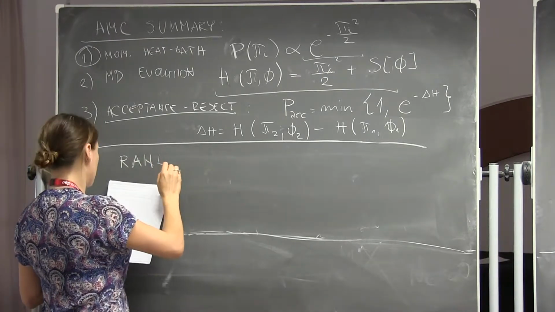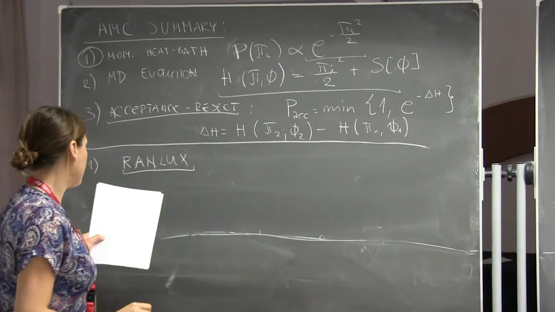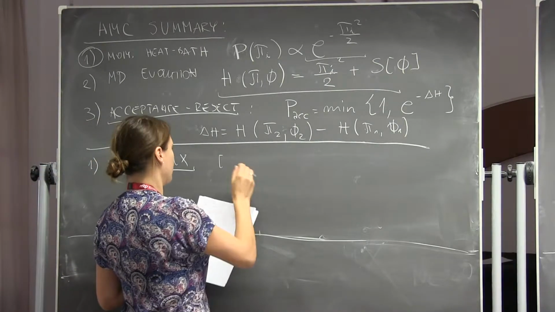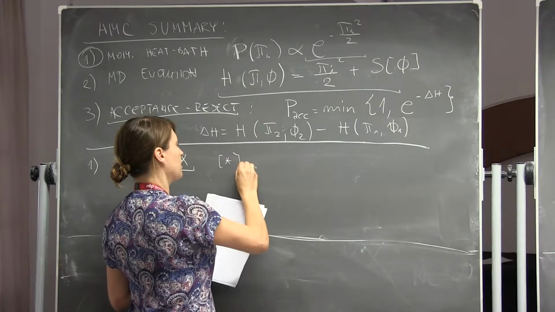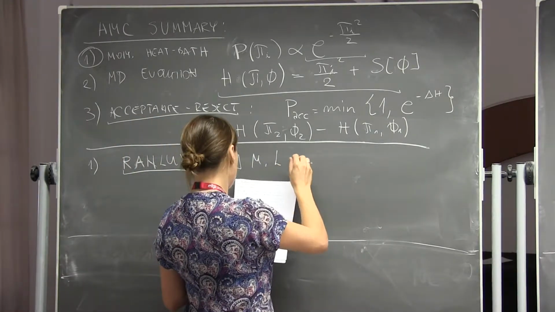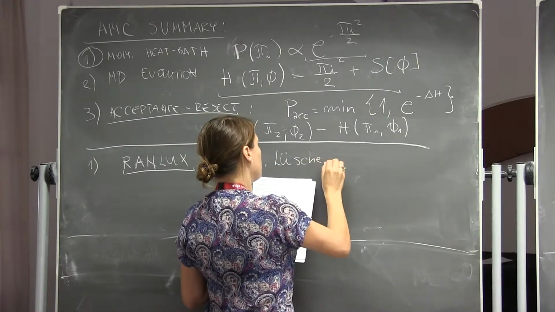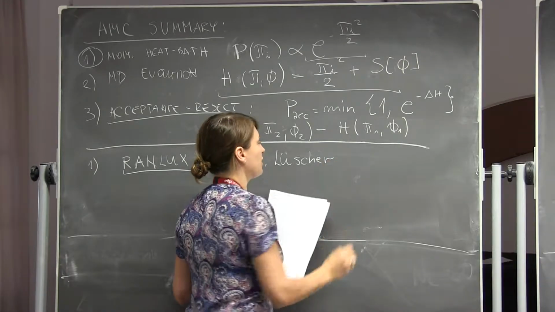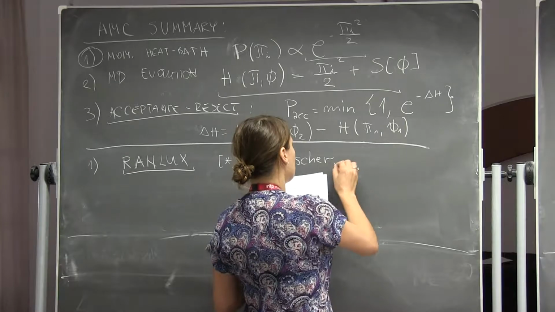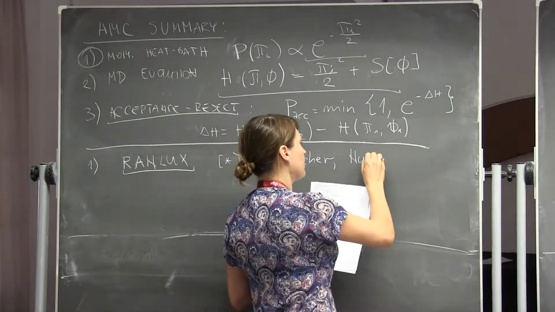The name of this generator is RANLUX, and this is yet another contribution of your next week's lecturer, Martin Lüscher, to computational physics. You can look up the details, and there is also sample code available for this random number generator in the Numerical Recipes.